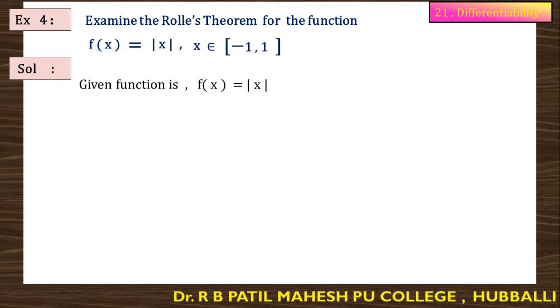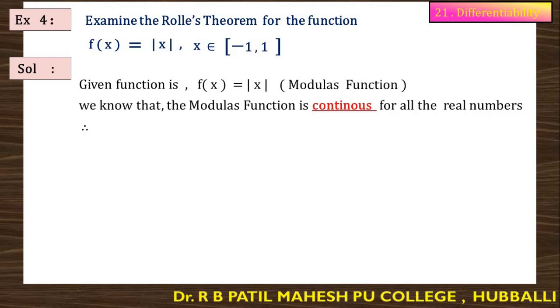So in continuity topic you studied that modulus function is continuous for all the real numbers. Therefore it is continuous in the closed interval minus 1 to 1. So write that one. We know that modulus function is continuous for all the real numbers. Therefore f of x is equal to mod x is continuous in closed interval minus 1 comma 1.